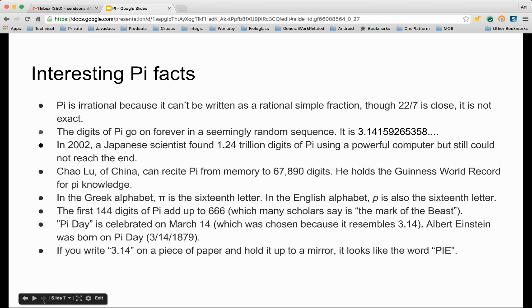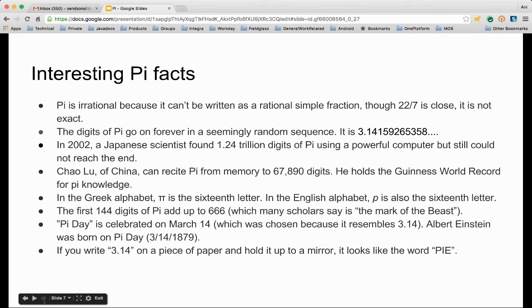Interesting facts about pi. Pi is an irrational number because it simply goes on forever. It can't be written as a fraction. Though 22/7 is close, it is not exact. The digits of pi go on for a long time in a seemingly random sequence.